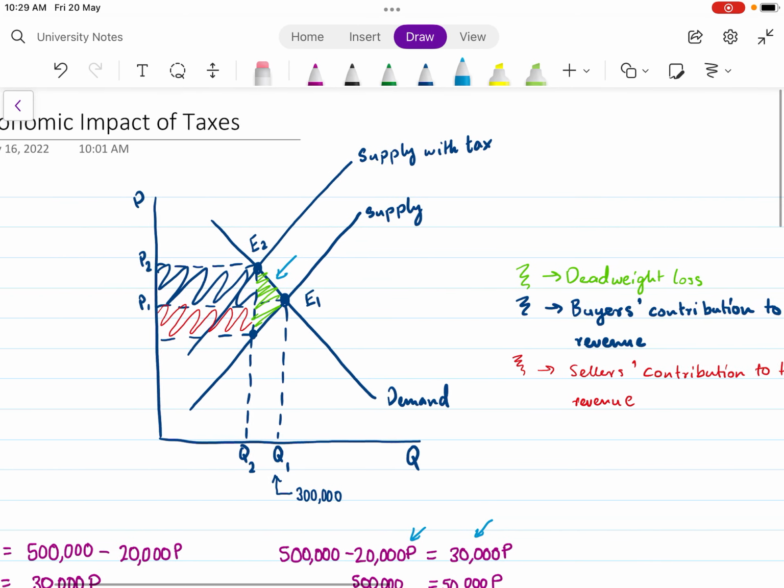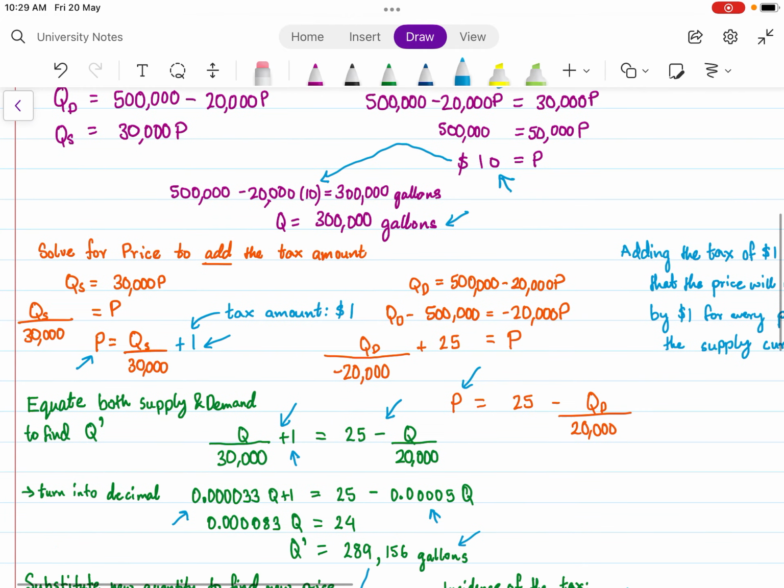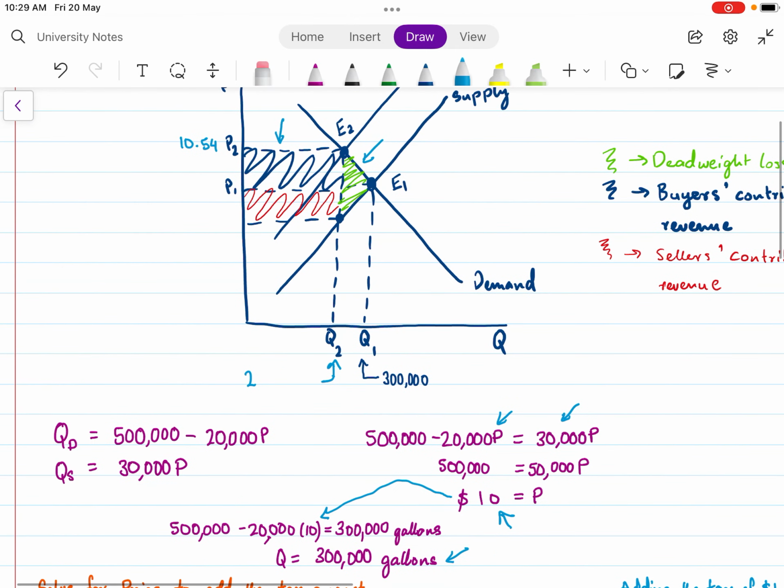The buyer's contribution to the tax revenue is this blue area here, which is 10.54. And we can calculate that area here by multiplying 0.54 with the quantity. So the quantity, the new quantity, which is 289,156.